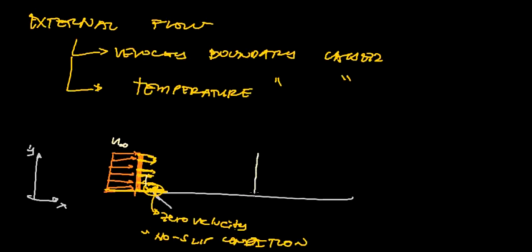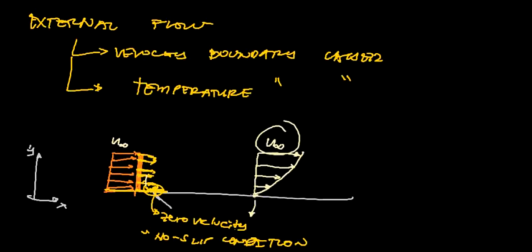The one that is in contact is at zero velocity, we have a no slip condition, and the profile of the other layers will look like this, up to this velocity.